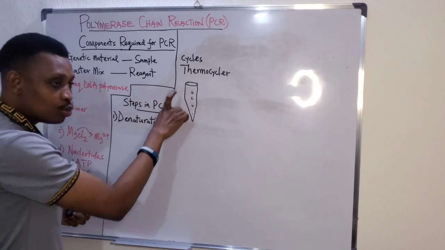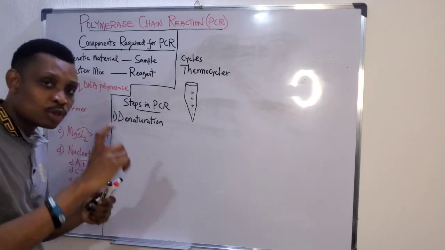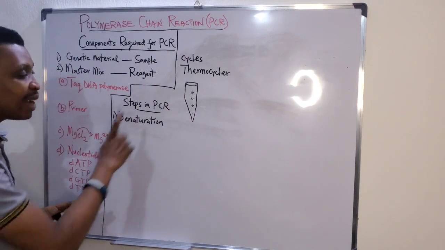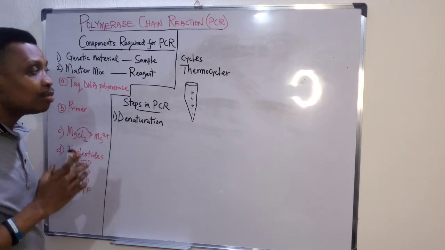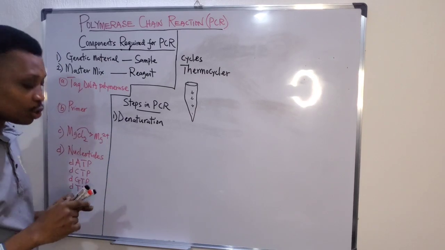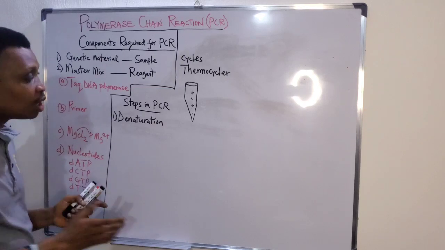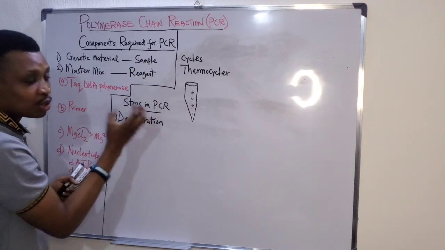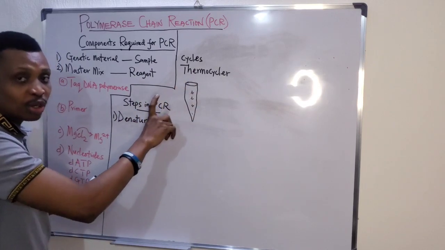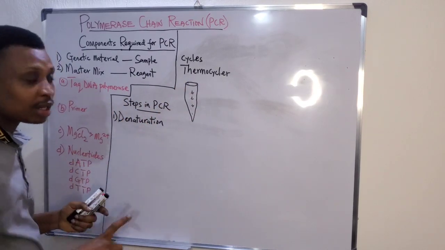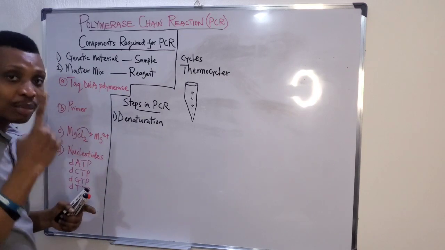And then this tube will now be placed in the thermocycler. So when placed in the thermocycler, it will begin by raising the temperature of the solution, because the sample and the reagent together is now the solution.